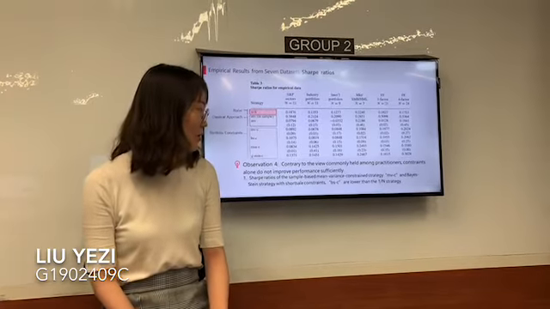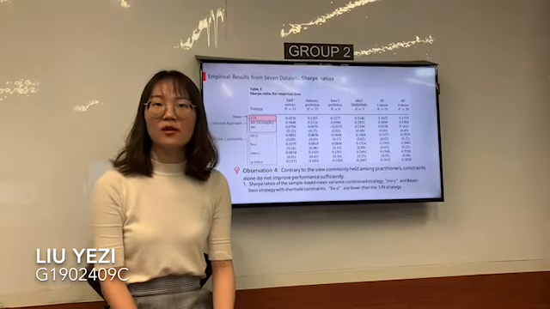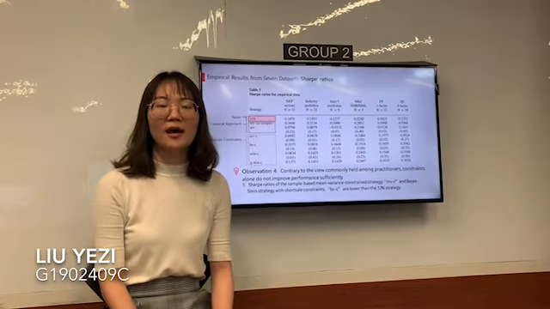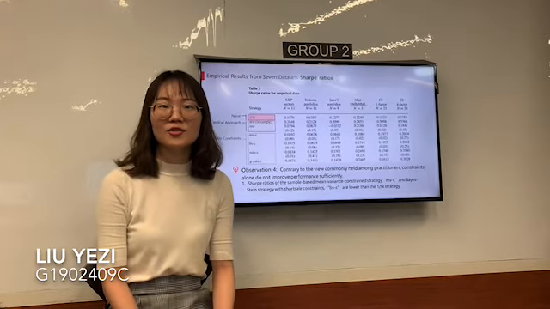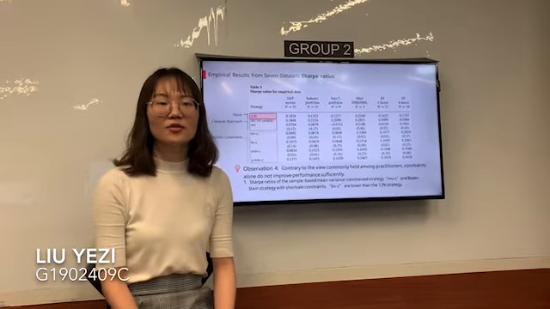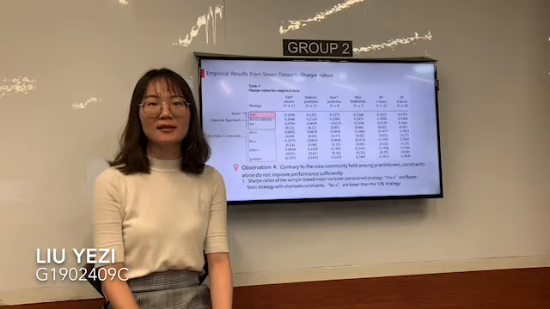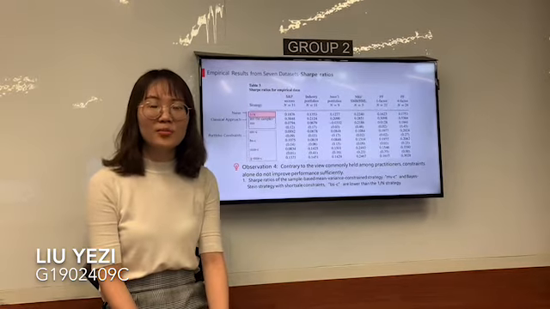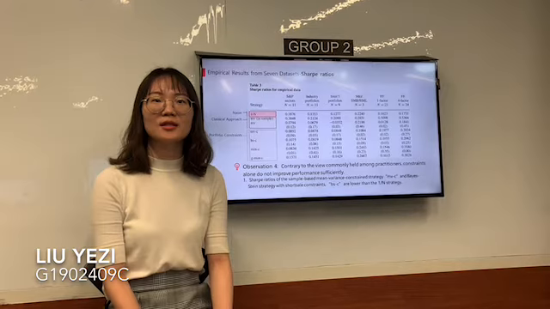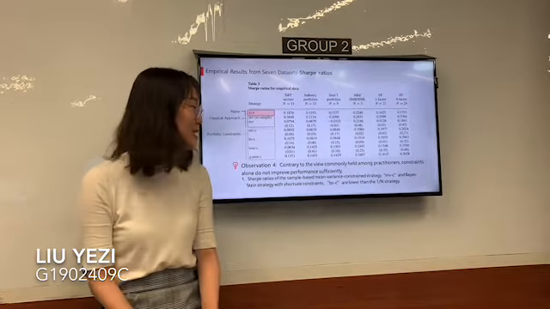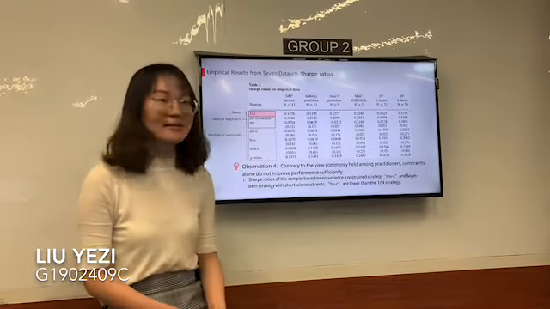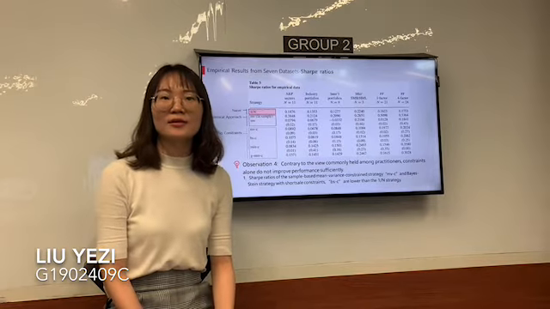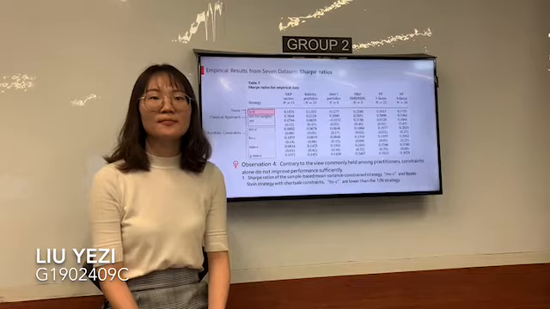Next, our observation 4. Contrary to the view commonly held among practitioners, constraints alone do not improve performance sufficiently. Sharpe ratios of the sample-based mean variance constraint strategy, MVC, and BSC, are lower than the 1/n strategy.